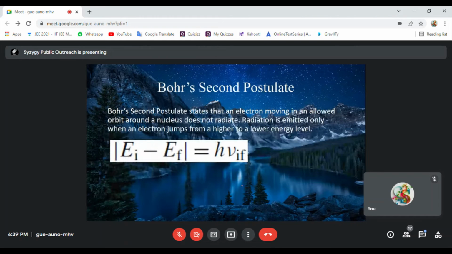Then comes Bohr's second postulate, which states that an electron moving in an allowed orbit around a nucleus does not radiate. Radiation is emitted only when an electron jumps from a higher to a lower energy level. According to Maxwell's theory, any charged particle in accelerated motion must emit energy, and thus the same should happen with an electron.